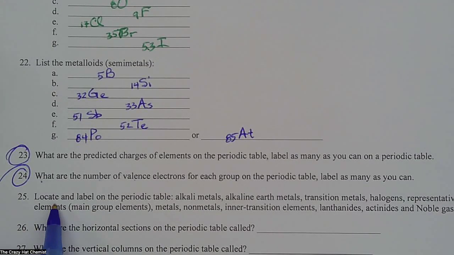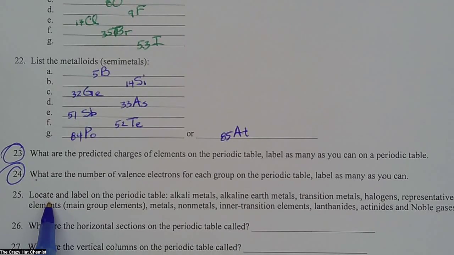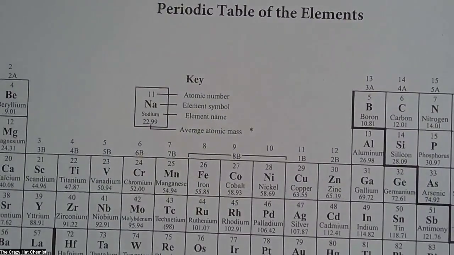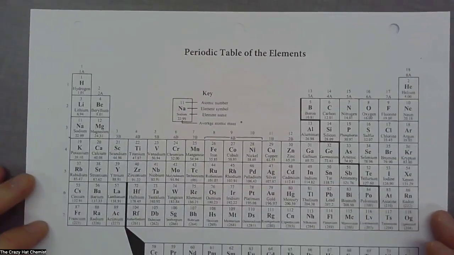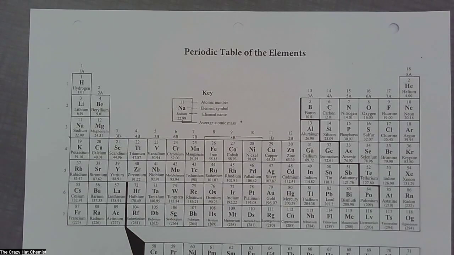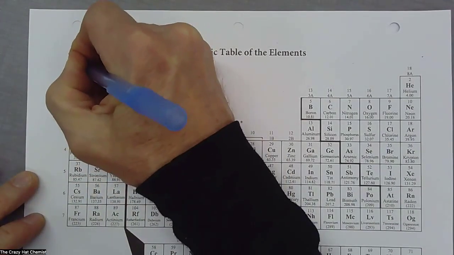Okay, now the next one is we need to label the periodic table with all kinds of things. So we're going to pull out a new periodic table and follow along here. So zooming on out, we've got to do certain sections. The first one are the alkali metals.